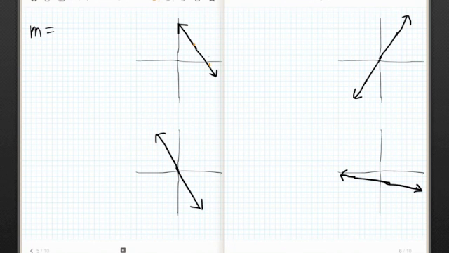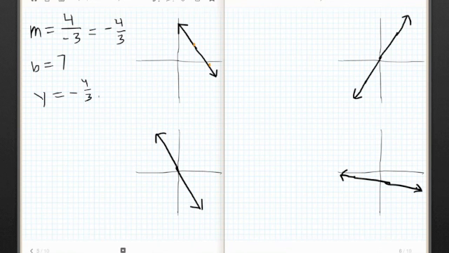So, once again, we can tell by the direction of this line that we're going to have a negative slope. So, we go up by 4, so a positive 4 change in y, and left by 3, so a negative 3 change in x. So the slope is negative 4 over 3. And the y-intercept here is going to be 7. So y equals negative 4 over 3x plus 7.